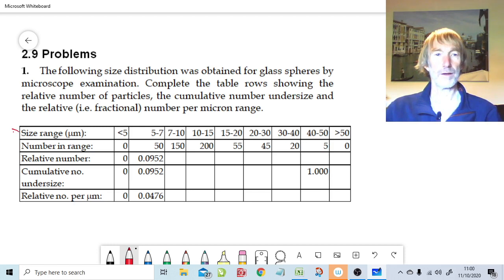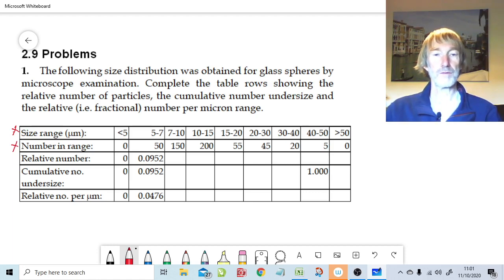The two rows that are most relevant and pre-populated in their entirety are the rows that have the size range, or we sometimes call that size grade, in micrometers or microns, and you can see that they're at 5 microns, there are no particles less than 5 microns.